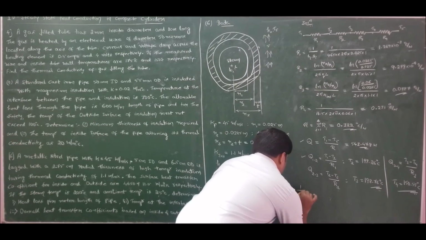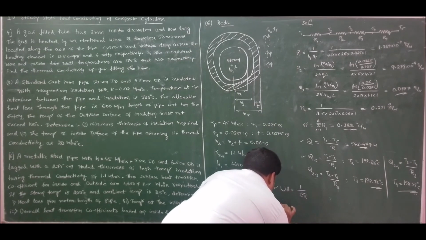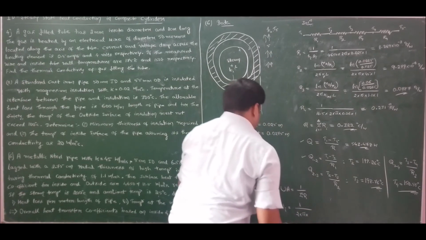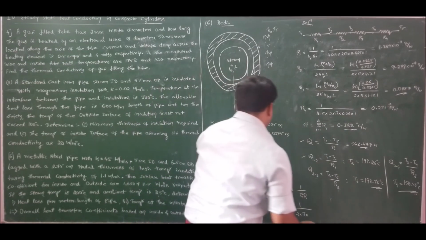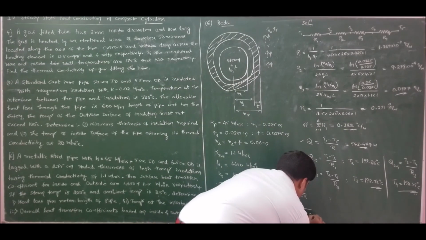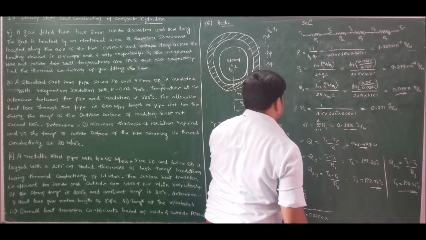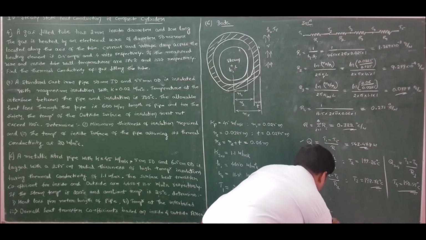So now finally, if I want to calculate the heat transfer coefficient, we have U into A is equal to 1 by sum of resistances. So therefore, Ui will become 1 by Ai. Ai is 2 pi R1 L. R1 is 0.025 into L is 1, and we know the value of resistance as 0.322.